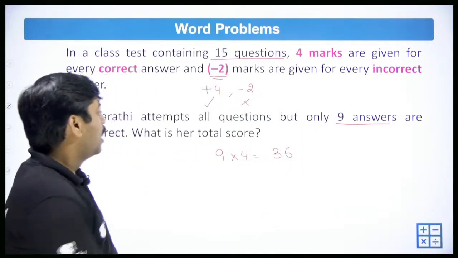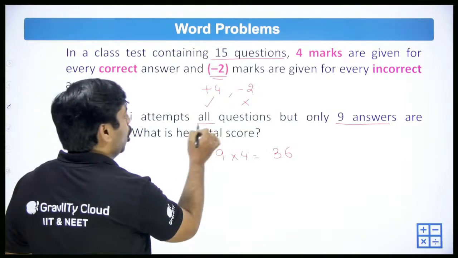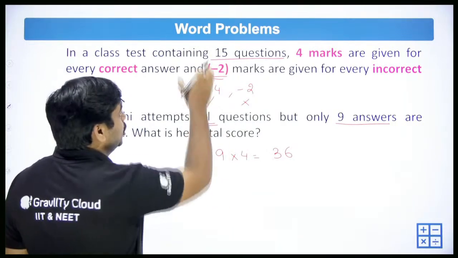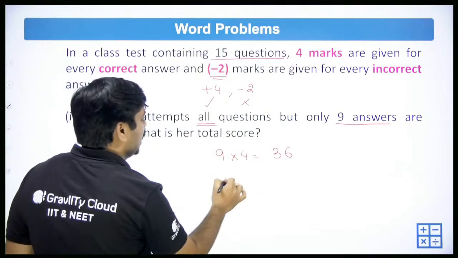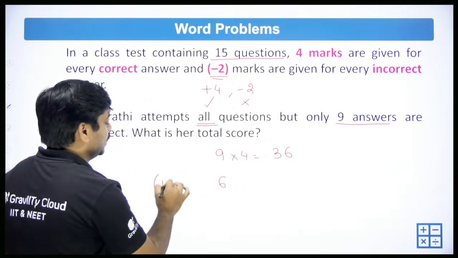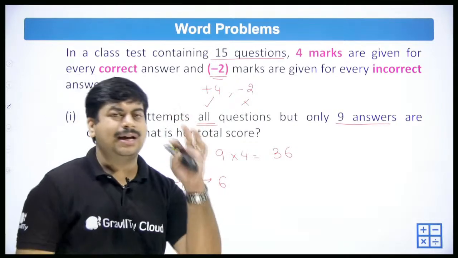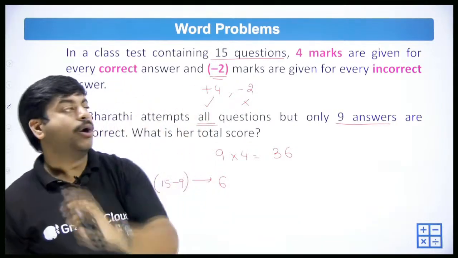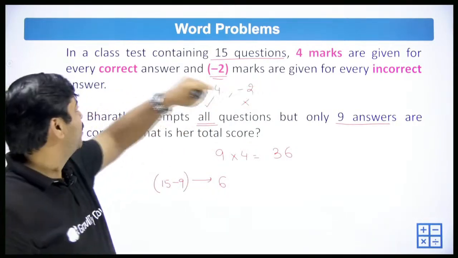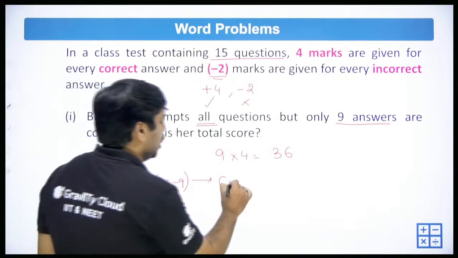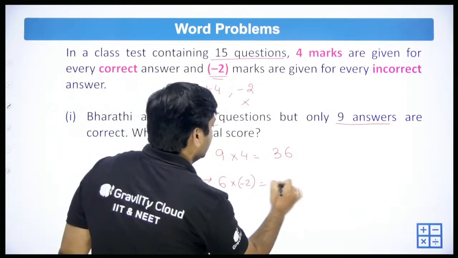But as she is attempting all the questions, out of 15, 9 are correct, so 6 are wrong. 15 minus 9. For every wrong answer, you are having minus 2 marks. So 6 into minus 2 will give you minus 12 marks.